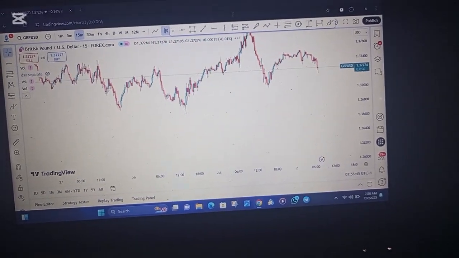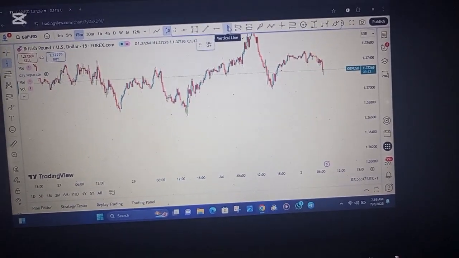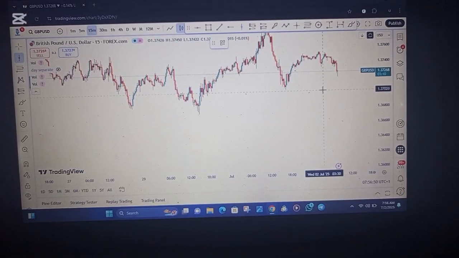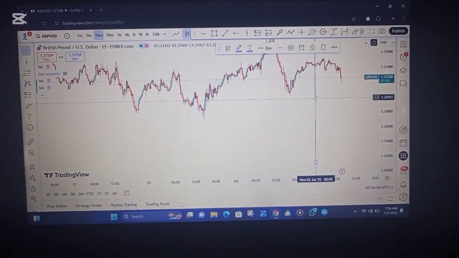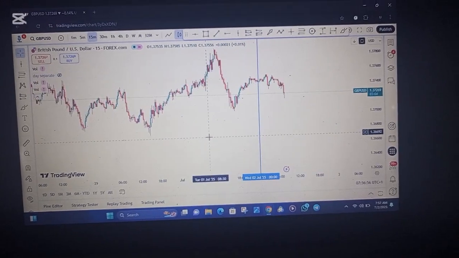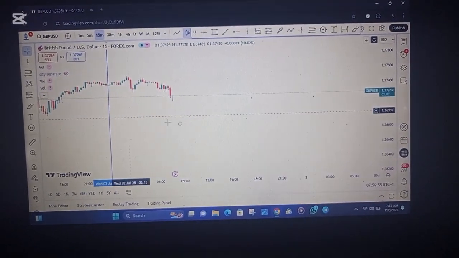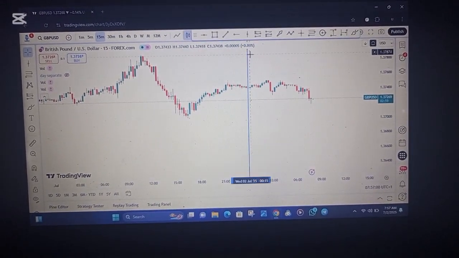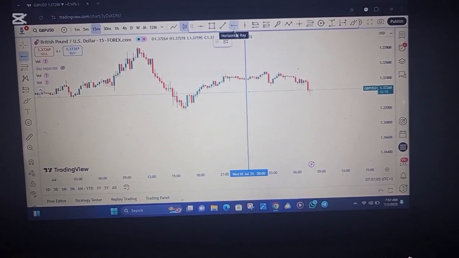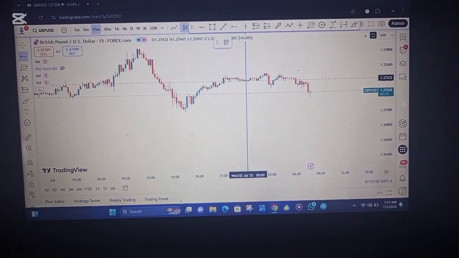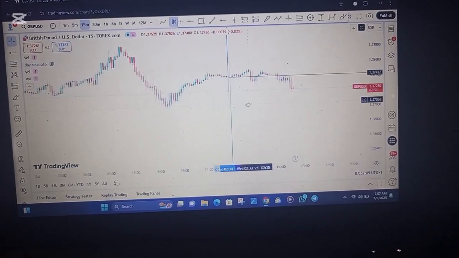What I basically do is bring this horizontal line. First of all, put it where the market began today, by 12 o'clock. Then the next thing I do is bring this vertical line. I bring this horizontal line, put it where the market began for the day.